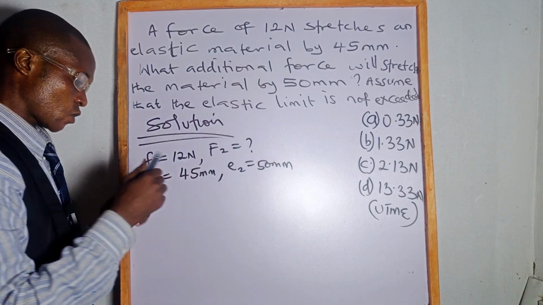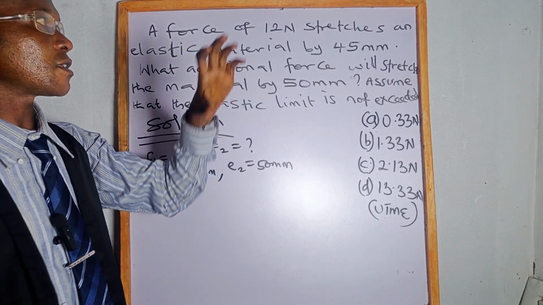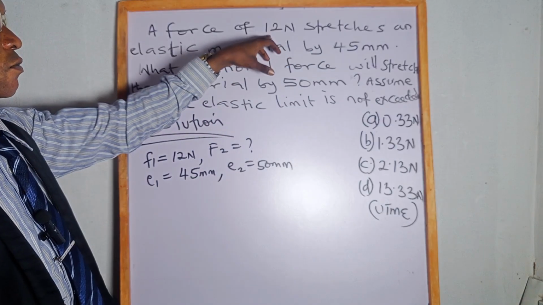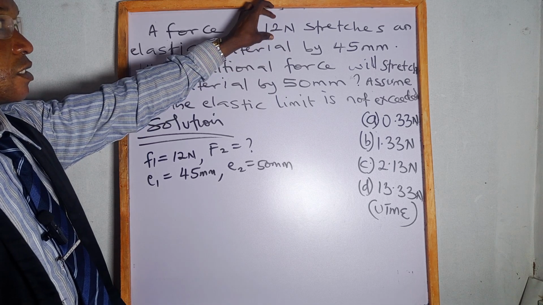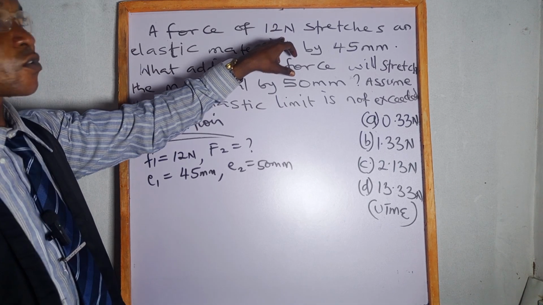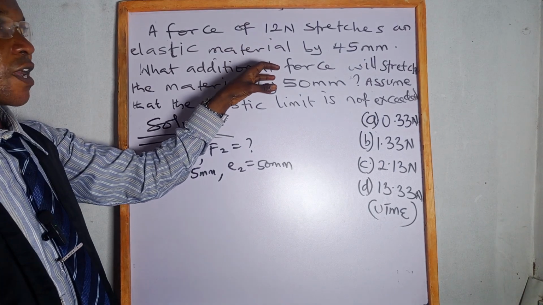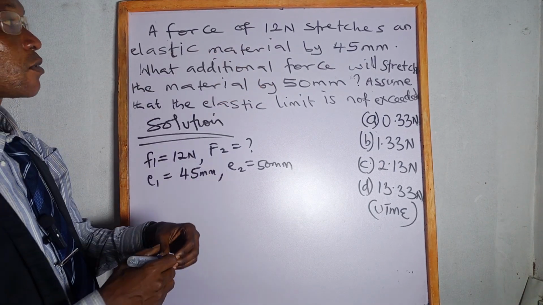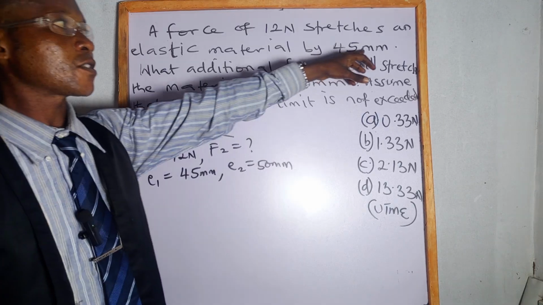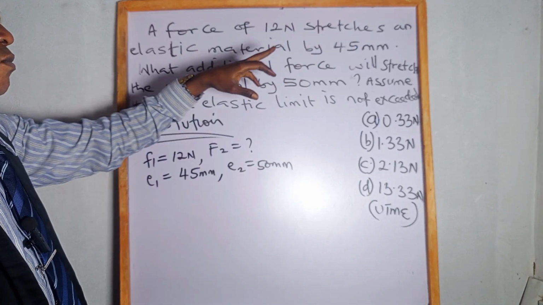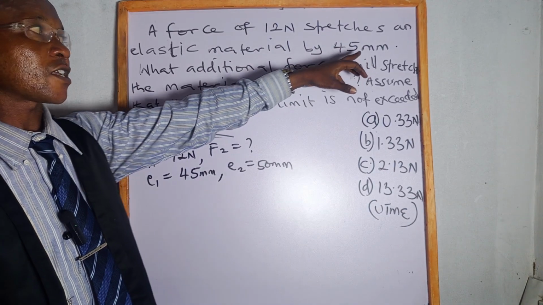What really happened with this question? Initially, a force of 12 Newton was applied, causing a distortion to this material, and the material became longer by 45 millimeter. So the 45 millimeter was the initial extension.